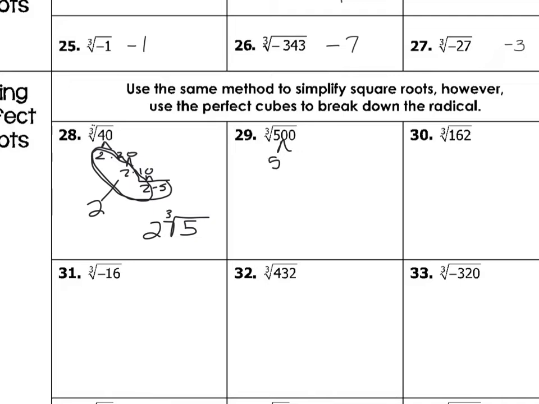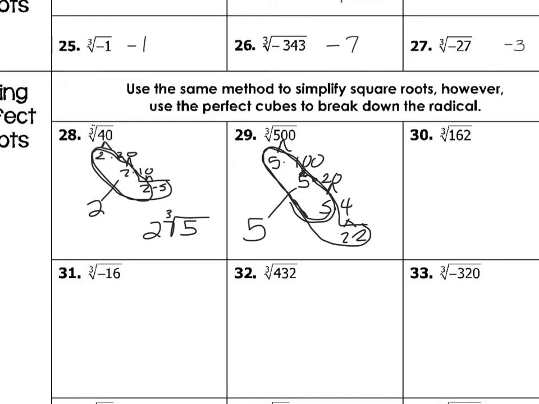500, it would be 5 times 100, which is 5 times, I was going to do 10 times 10, but let's do 5 times 20, which is 5 times 4, which is 2 times 2. So there's your prime factorization tree. I got 3 5s that come out as 1.